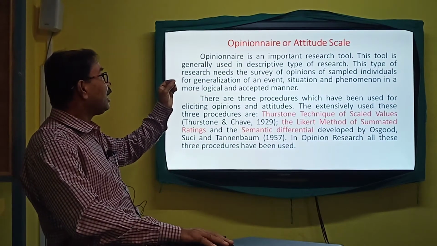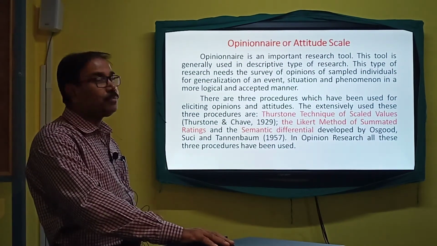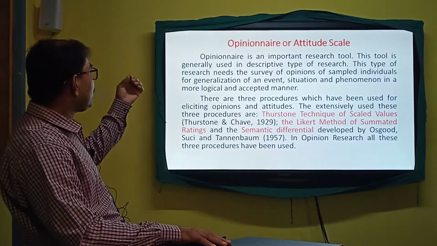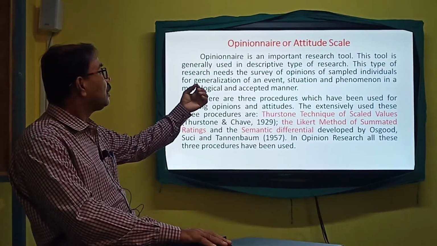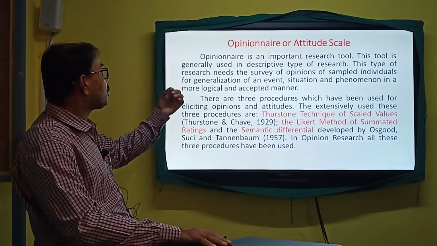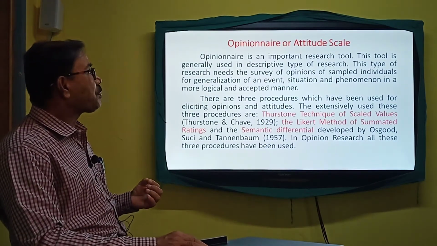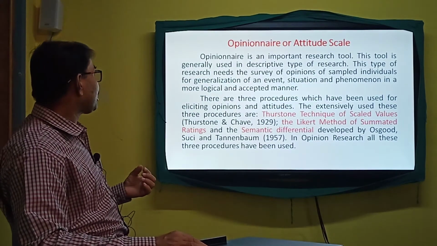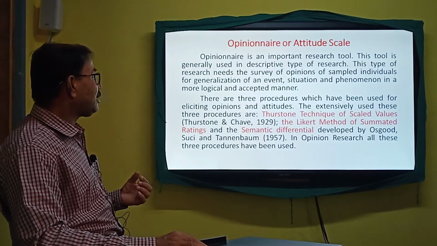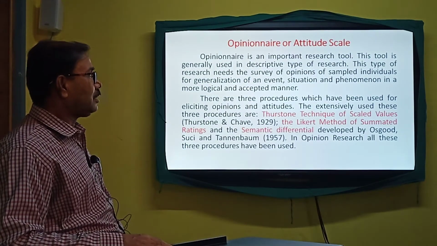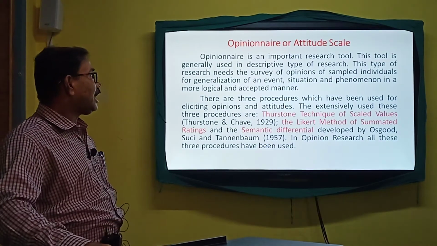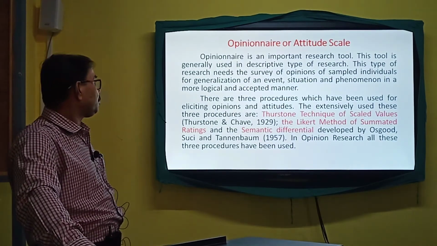Opinionnaire is an important research tool. Very easy. This tool is generally used in descriptive type of research. This type of research needs the survey of opinions of sampled individuals for the generalization of an event, situation, or phenomenon in a more logical and accepted manner.